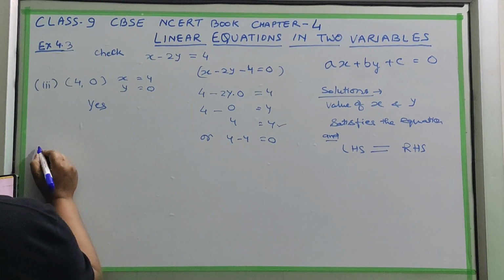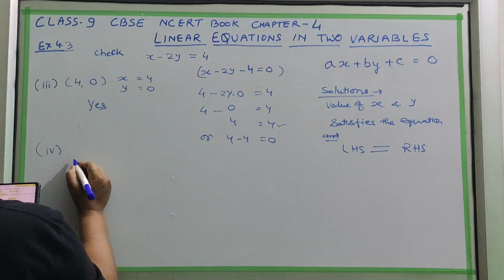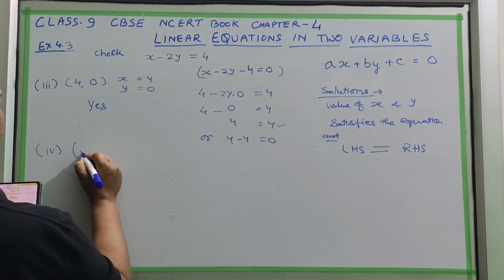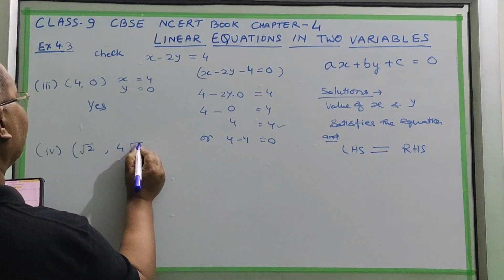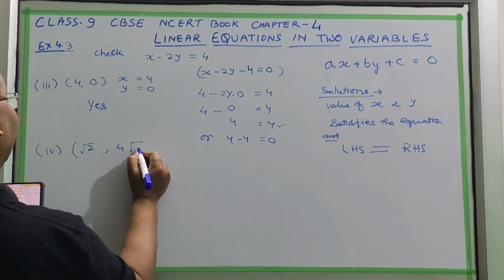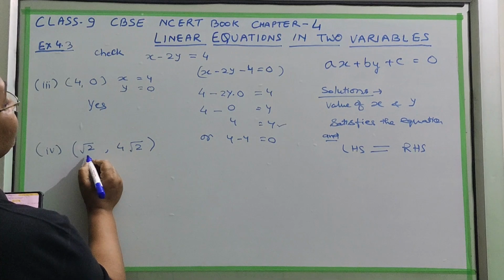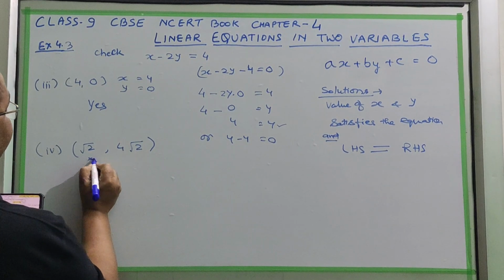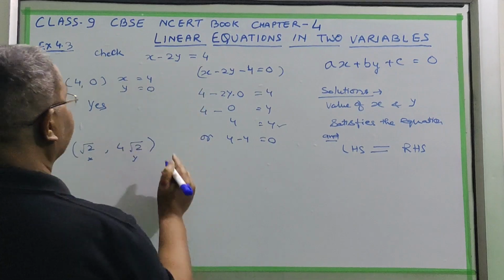Now I am taking one more: 3, 1, 5. Here x is under root 2, and y is 4 multiplied by under root 2. So x value and y value are given, and you have to check.